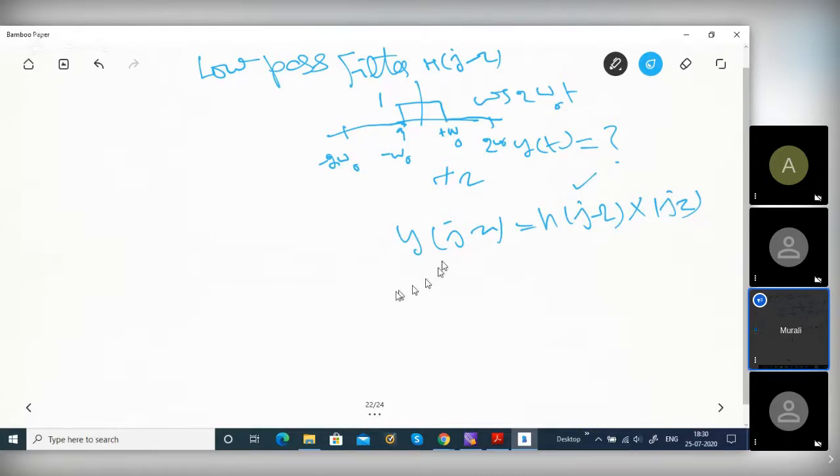Suppose omega naught is 2 pi into 1 kilohertz, that is 1000 hertz, then 2 omega naught is 2 pi into 2000 hertz. So what will be the output for this?